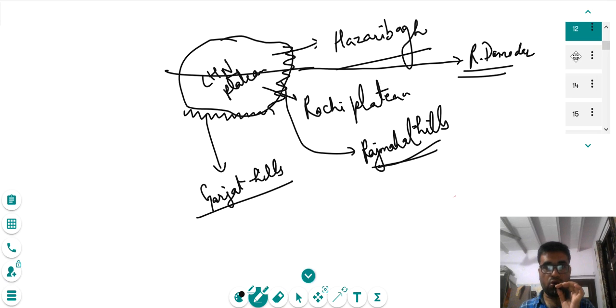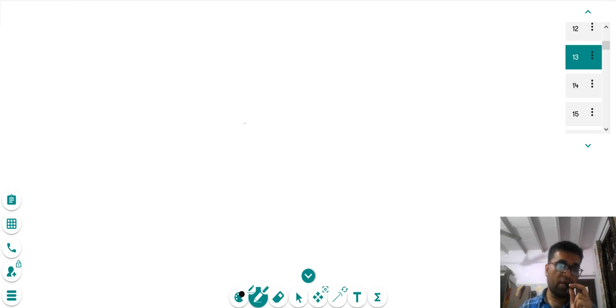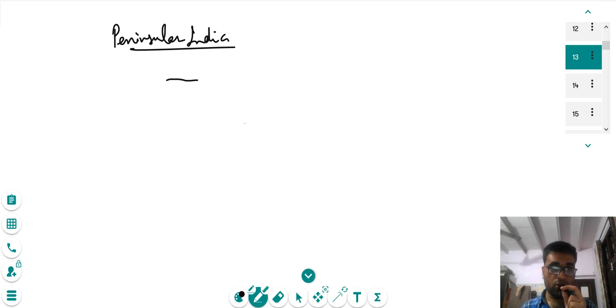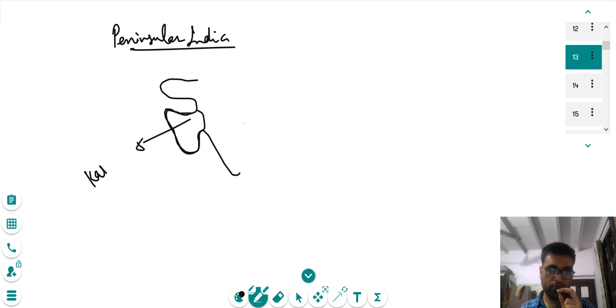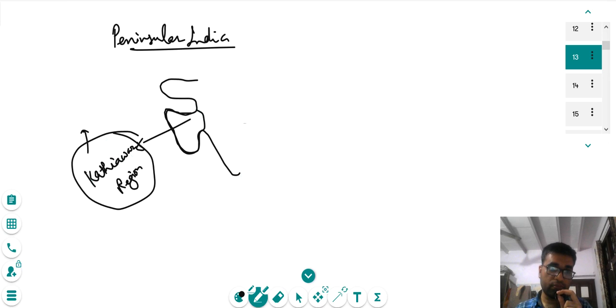Now moving on, we have almost finished the peninsular India, right? One thing is also left. Let us complete that also. That is Gujarat. So this is the shape of Gujarat, right? In Gujarat, this region is called the Kathiawad. Okay, and Kathiawad region is mostly hilly.